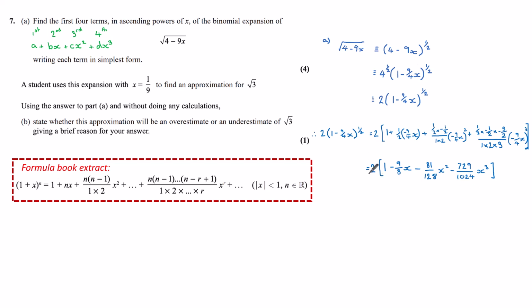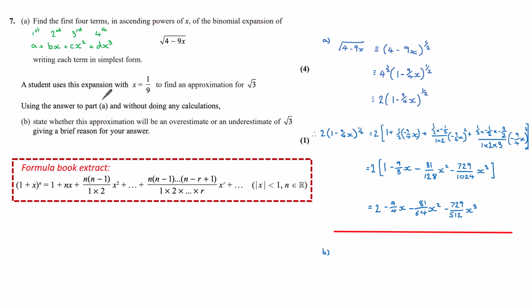Now we can multiply it all through by 2, and this gives us our binomial expansion of the first 4 terms. So we've got 2 minus 9 quarter x minus 81 over 64x squared minus 729 over 512 x cubed.